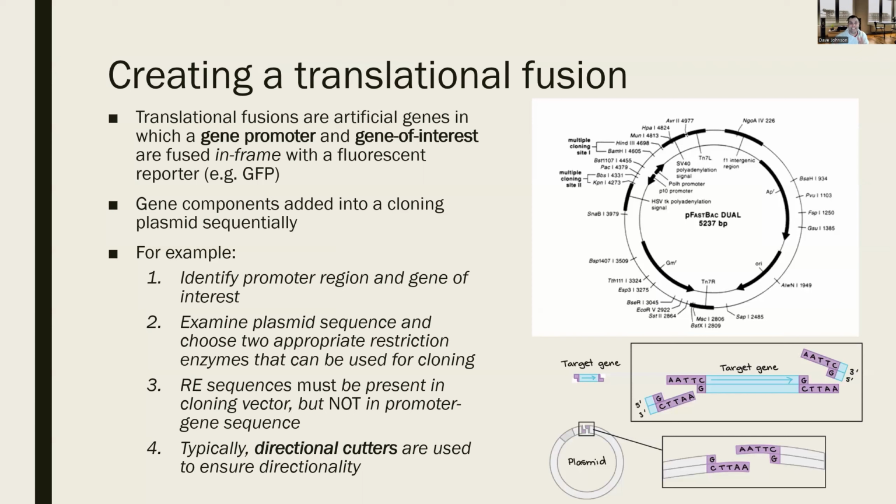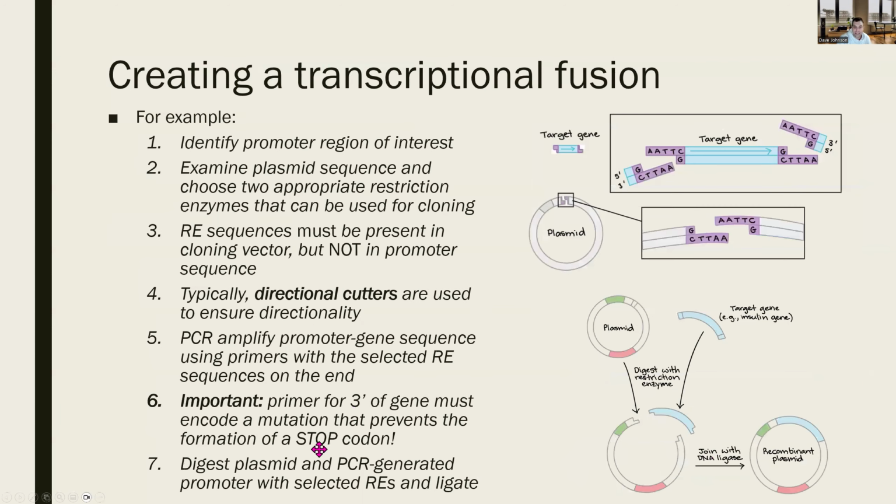Because when it gets translated by the ribosome, we want to make the protein we're interested in and make sure that there's a GFP protein attached to the end of it. So to do this, we actually have to mutate the stop codon for our gene of interest so that when it gets to the second to last amino acid, instead of the next codon being a stop, it needs to be the first codon for making GFP.